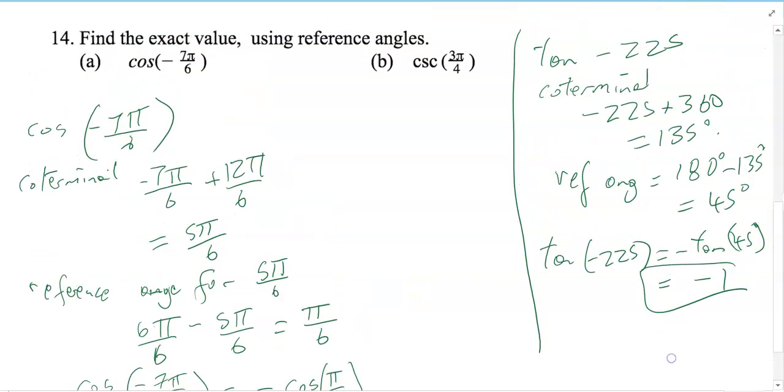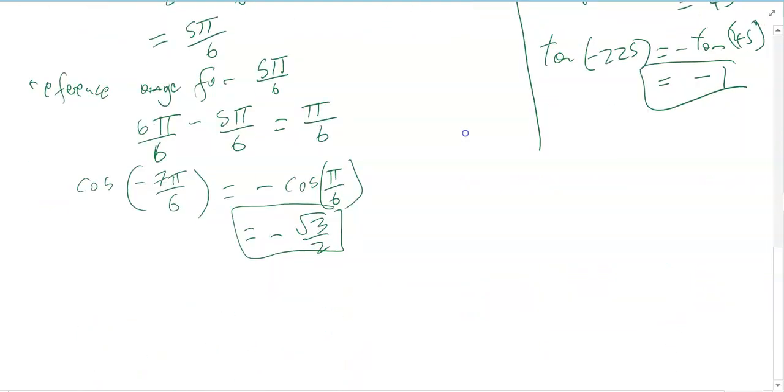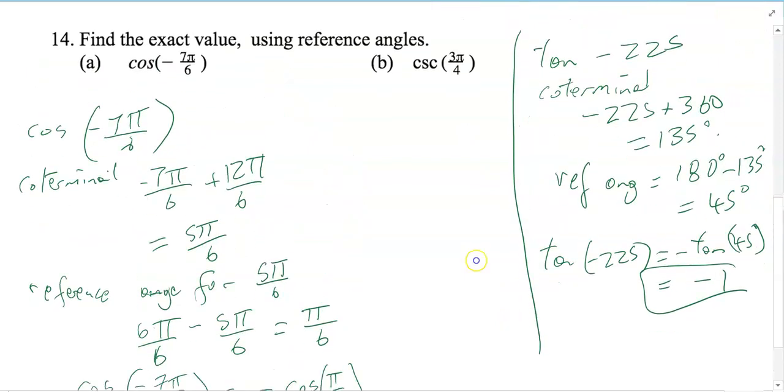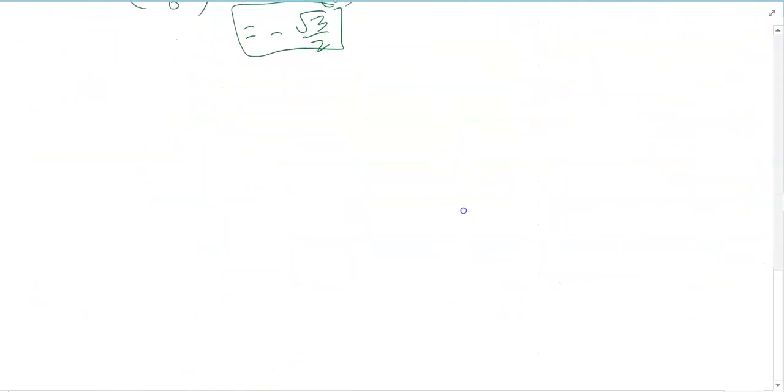All right, finally, cosecant of 3 pi over 4. What we need to do is find the reference angle for 3 pi over 4. 3 pi over 4 is in quadrant 2.